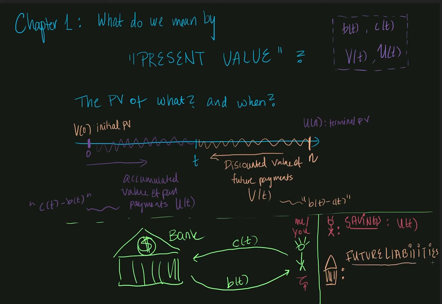So your future liabilities are denoted by V of t, which is also why V of t has B as the positive sign. So that's kind of the motivation behind the difference between U of t and V of t, not only in that one denotes the accumulated value of past payments and the other denotes the discounted value of future payments, but also that they actually have opposite signs.